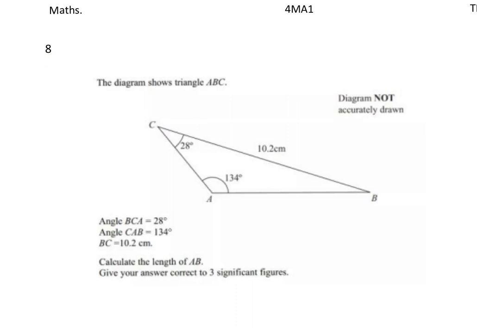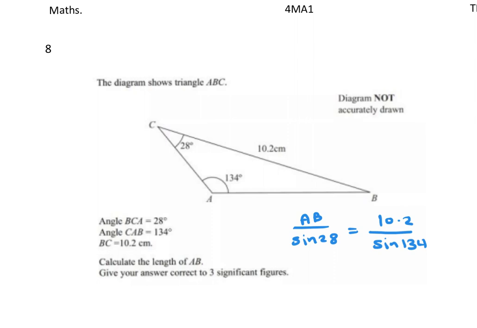Number 8, we have a triangle, 2 angles and a side. We need to find this side. So we have 2 angles and a side, so we can use the sine rule to find this side. AB over sine 28 equals 10.2 over sine 134.